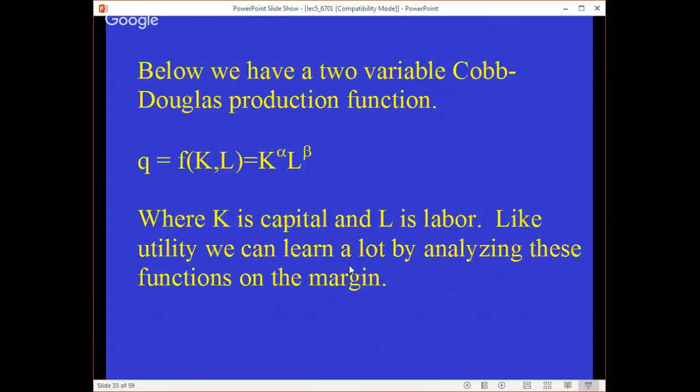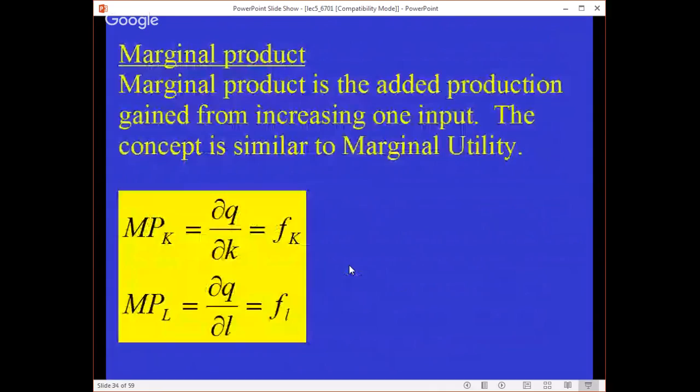And just like with utility and pretty much everything else we're going to do in this course, we can learn a lot by analyzing this at the margin. In other words, what that added input does to production, or what that added consumer good did to utility. Right? So that leads us to marginal product. And marginal product is simply the added production gain from increasing one input.